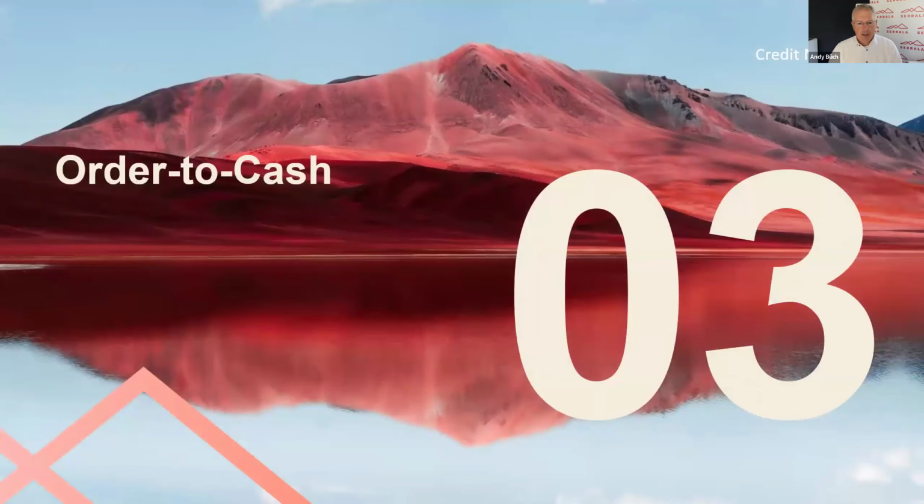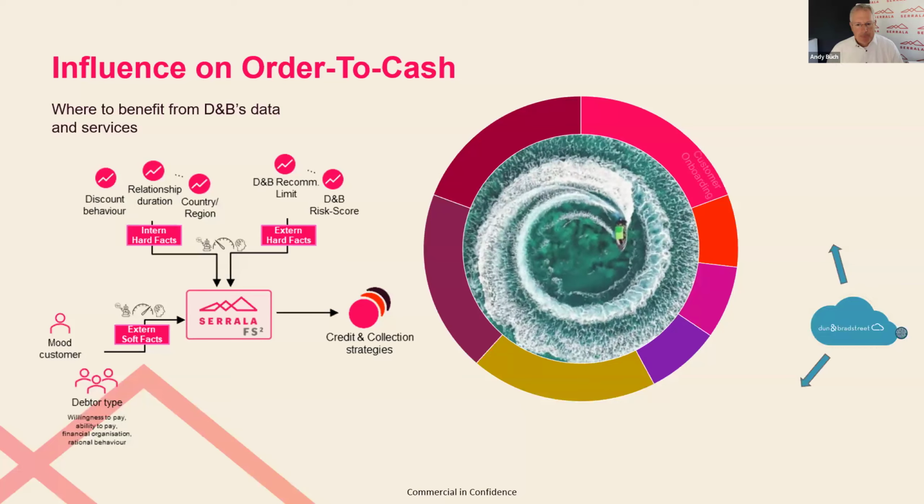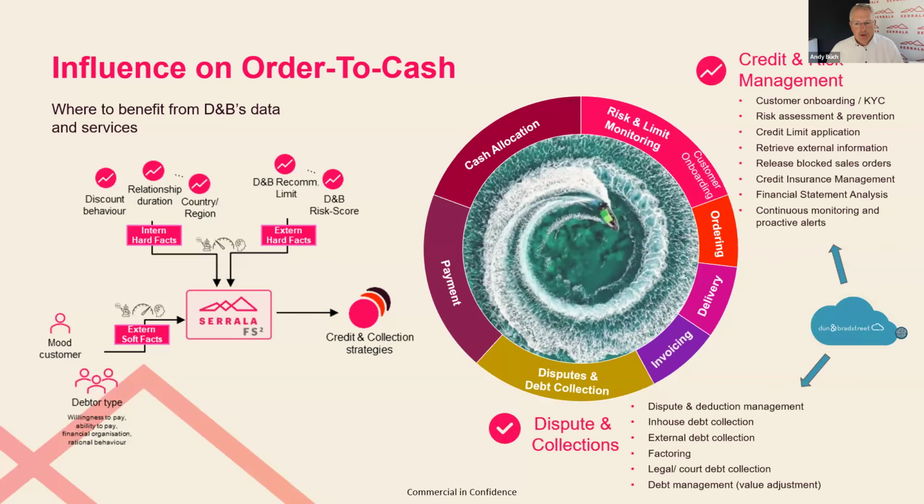Let's go further on, the order to cash process. Yeah. So, that's what I tried to say already on the previous slide. Now, since we get very targeted data, we can use them in different processes. Yes, of course, credit and risk management is still the most important one.